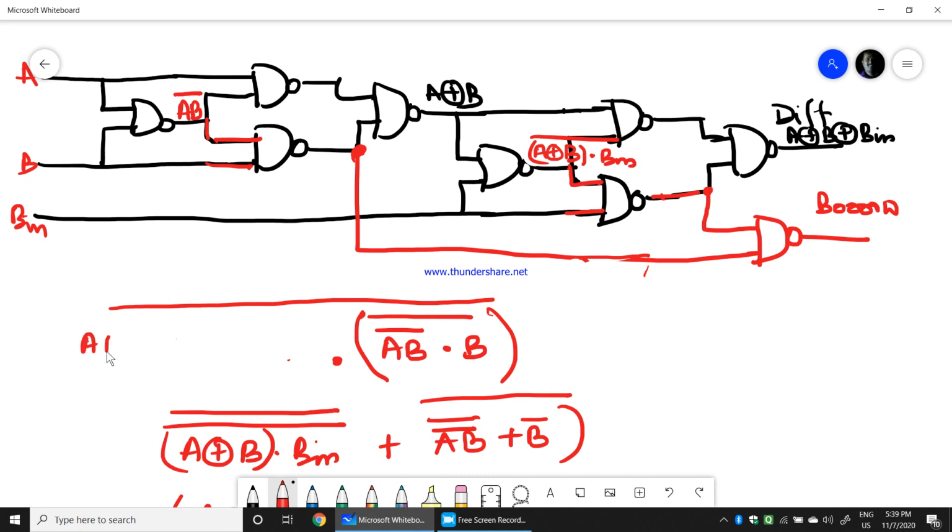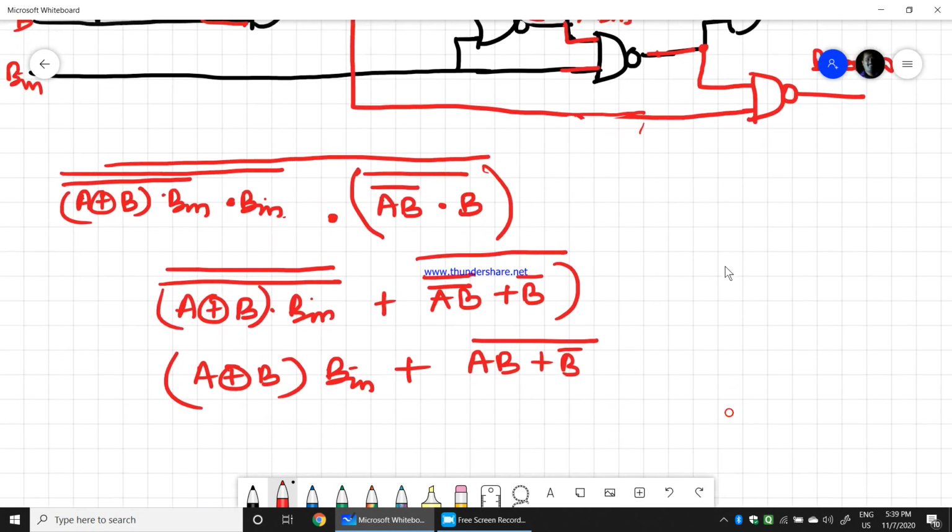So this is A XOR B ANDed with Bin the whole bar, and that ANDed with Bin, right? That ANDed with Bin, and if I take from here, it is the whole bar of that, the whole bar of this.